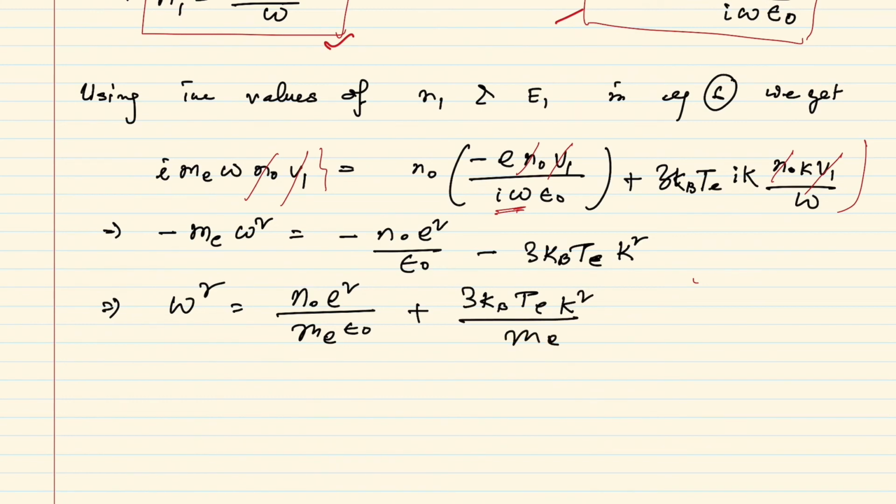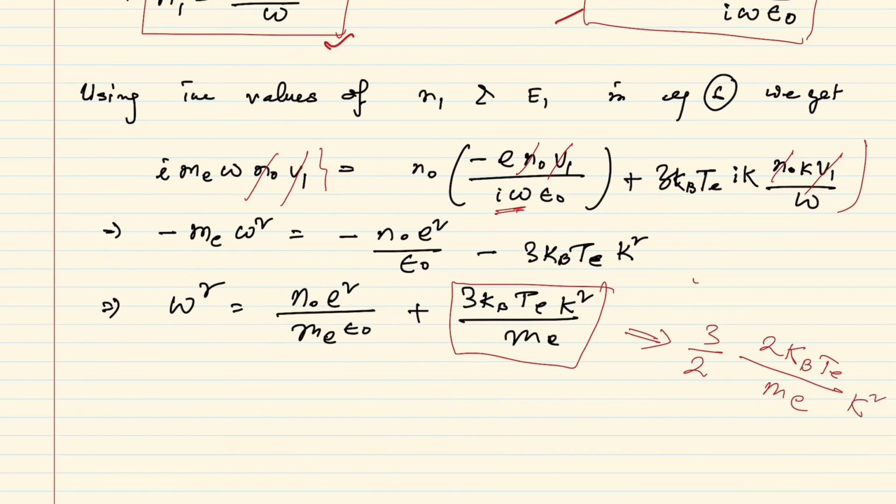Now, this part can be written as 3 by 2 times 2 k B T e by m e into k square.